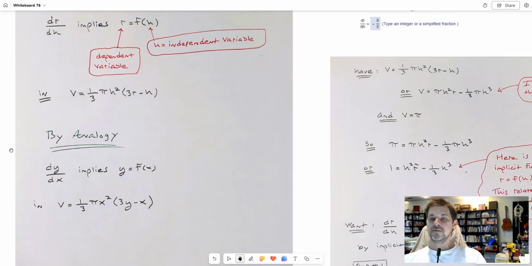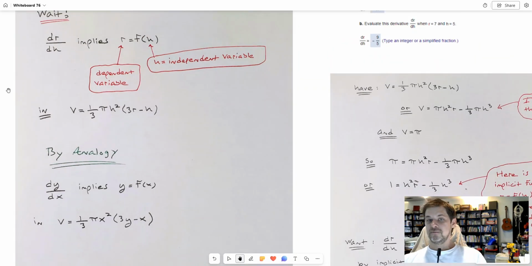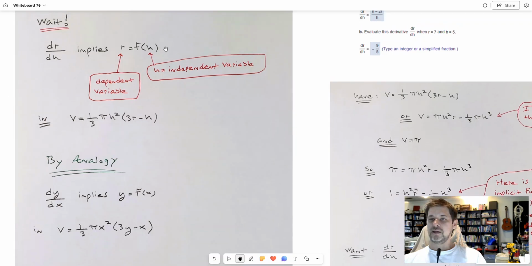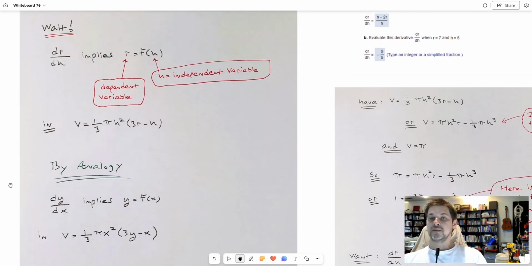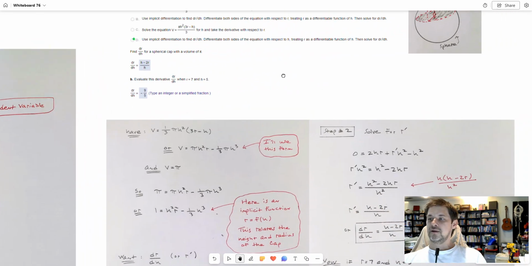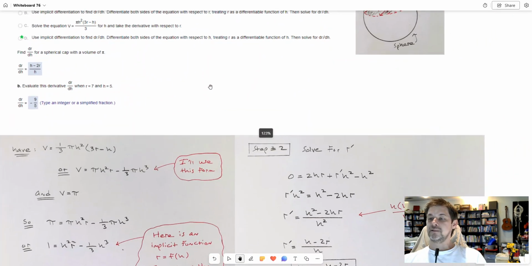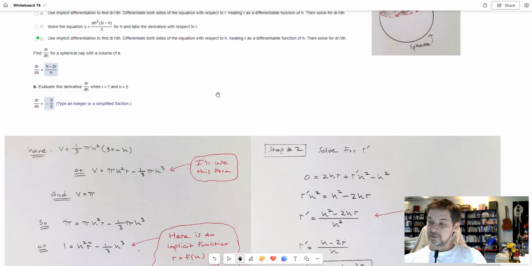So if you don't like r and h and having to think about which variable is which, it's an analogy to this. It would be like finding dy over dx of this, where you see x and y like so, and of course with the volume being pi. So that may help you think about it and have a better analogy to the way our other problems have been. Okay, now here goes.